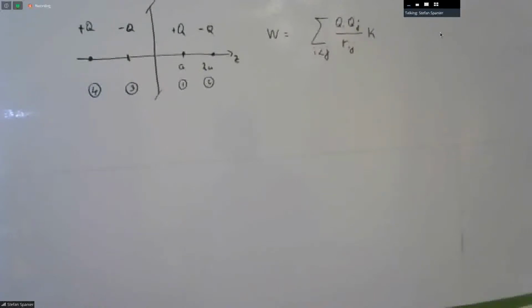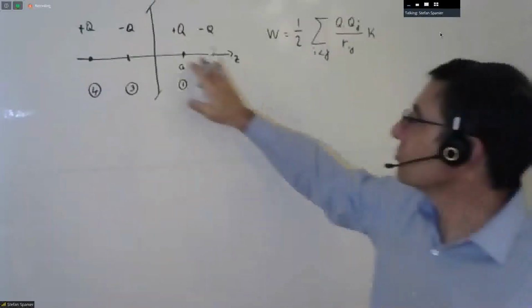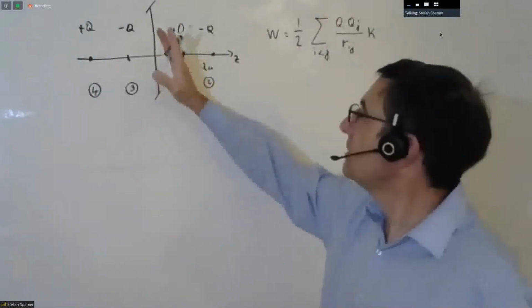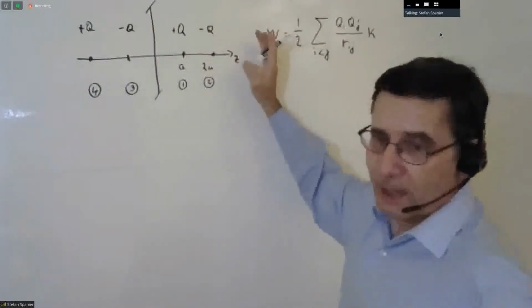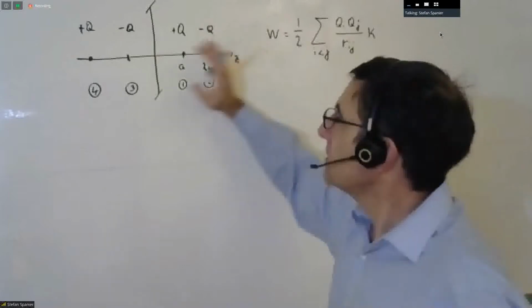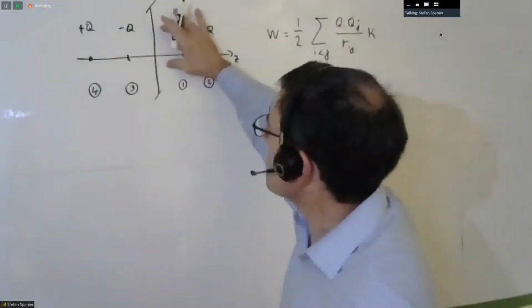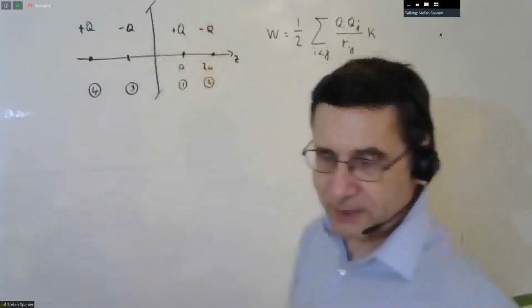Am I missing something? I'm missing the factor 1/2 here. Because we are talking about mirror charges or image charges, and the field or the energy in the field is only on this side. This one is shielded by the conductor plane here.